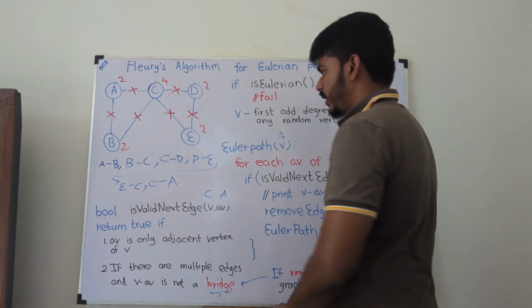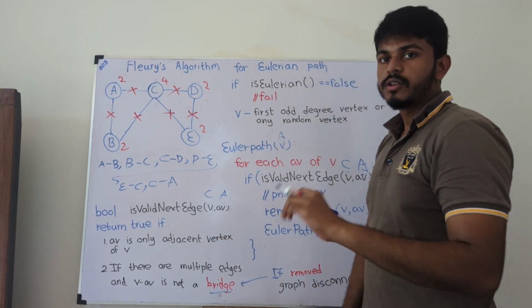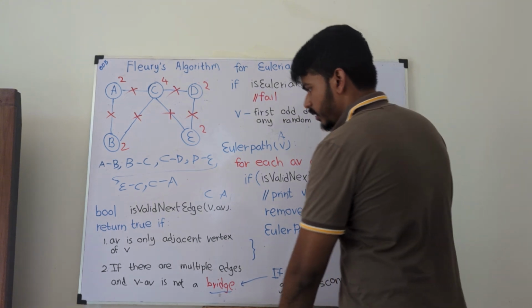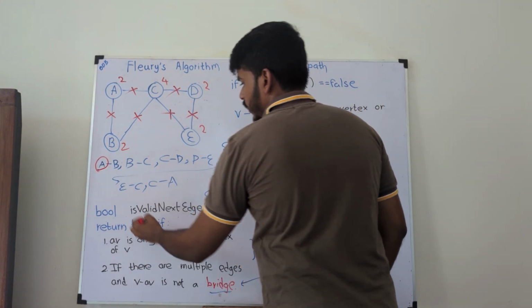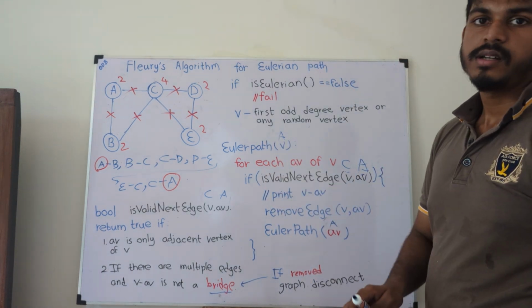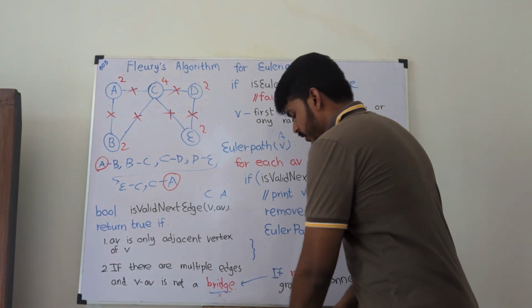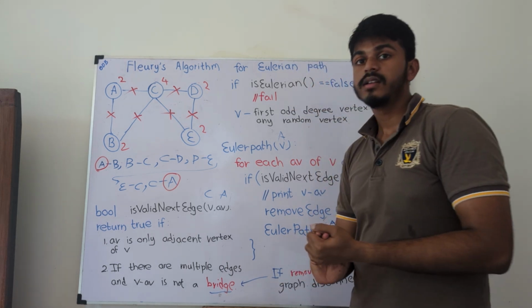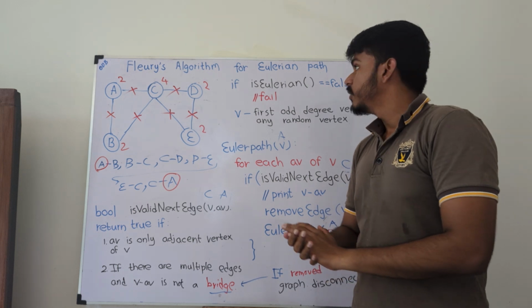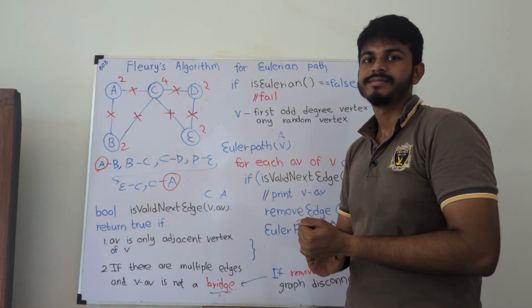Then finally, we are getting the Euler path or the Euler circuit for the given graph. Here you can see we have started at A, then we have ended at A vertex also. So this is an Euler circuit. So that's how Fleury's algorithm works. Now we will see how we can implement this Fleury's algorithm in Java.